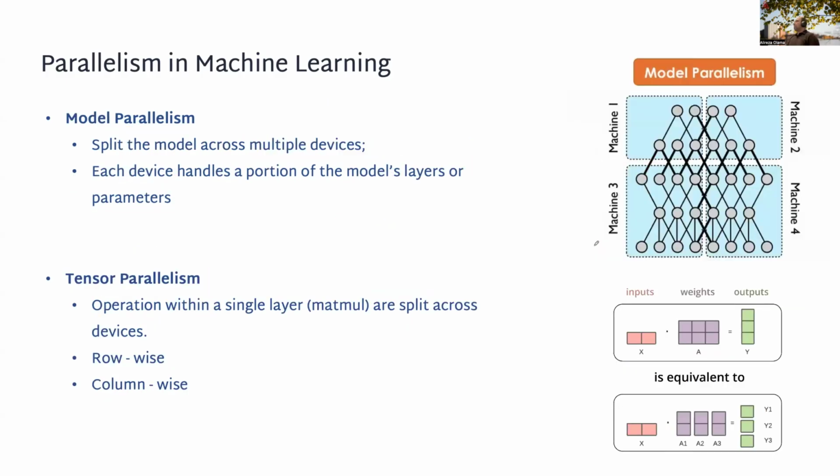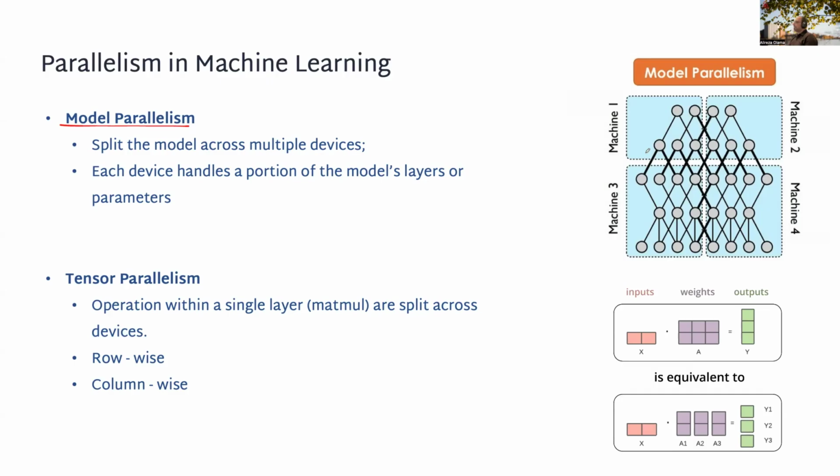Okay. So apart from data parallelism, you can have different parallelism strategies for distributed machine learning. Another one is called model parallelism, where instead of partitioning the data, you basically split the model across multiple devices. For example, here we have a big neural network. Then you can assign each portion of this neural network to a machine for computations, right?